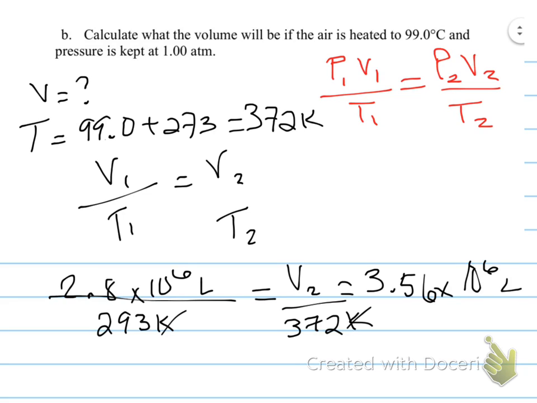But you could also plug it into this equation and you would get the same thing. You could also plug it into the ideal gas law, solve for moles, plug that in with your new temperature and solve for the volume, and you'll get the same thing. So there's a lot of ways to do these problems. Don't think that if it didn't match my method that you're wrong. That's not true.